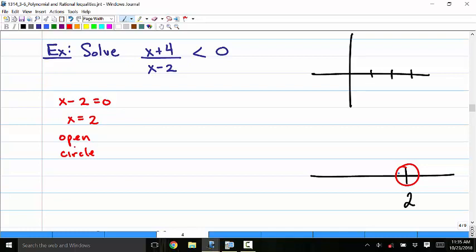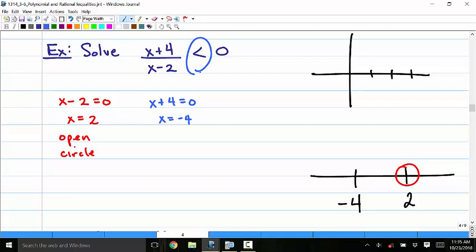Now go do your numerator. Set it equal to 0, solve for x. x plus 4 equals 0, x equals negative 4. That number goes on your number line. Now the question is, is it open or closed? It's going to be open because I'm going to look at my symbol.